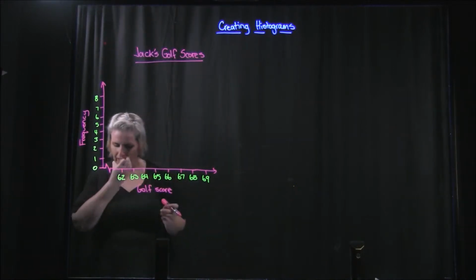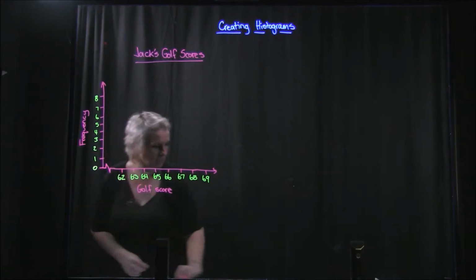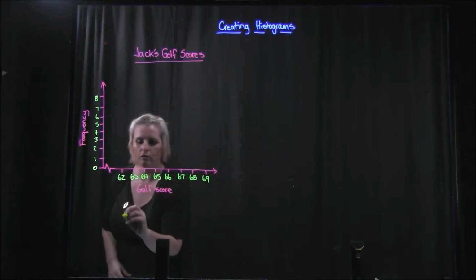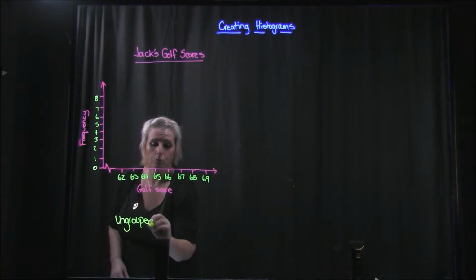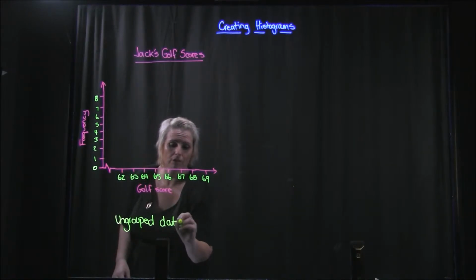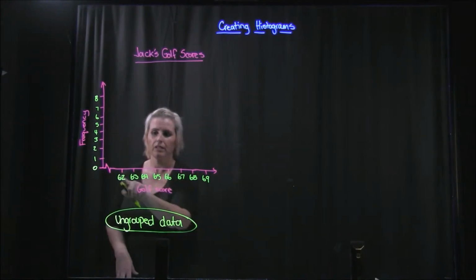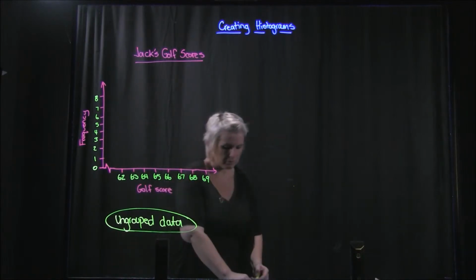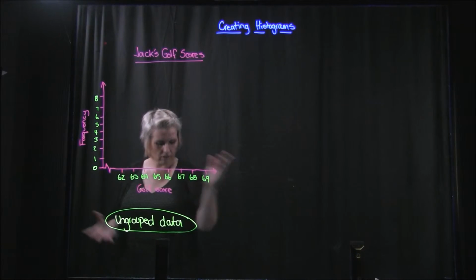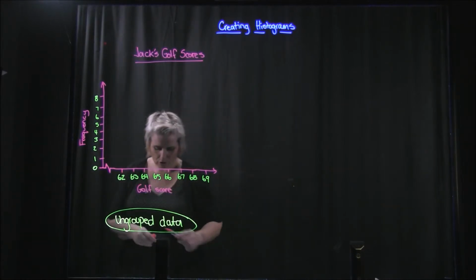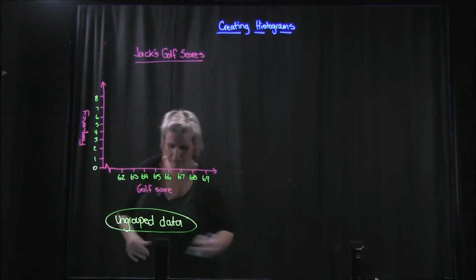Again, this is our ungrouped data. We know it's ungrouped because each of those data points is just a single number. They're not a group, they're not an interval: 62, 63, 64.